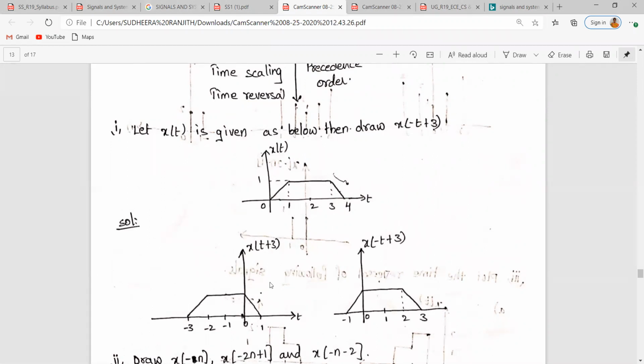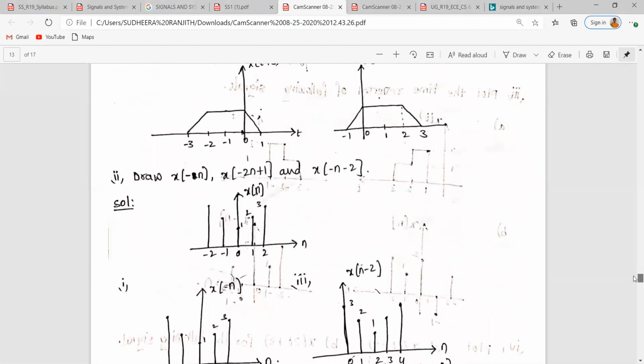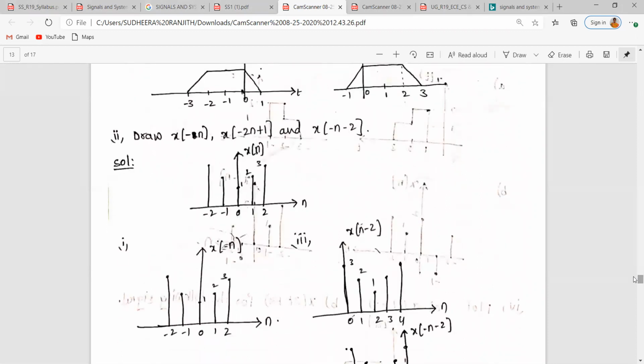And to take the reversal, what should we do? Multiply the entire time axis with -1. If you multiply the entire time axis with -1, then we are going to get this signal. Is it clear? See, if you practice, you may get better clarity.